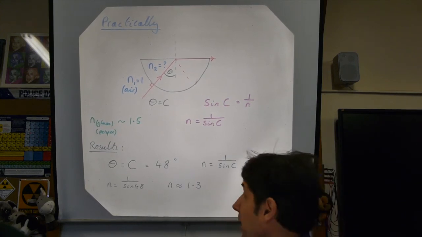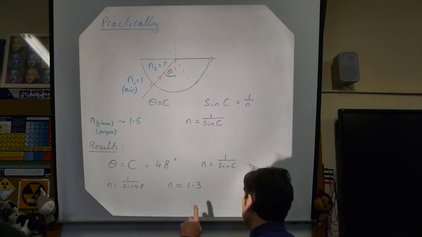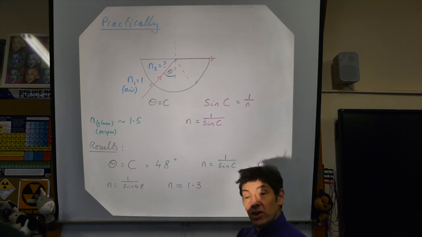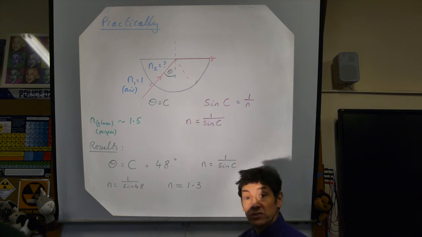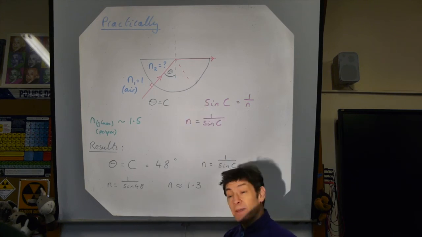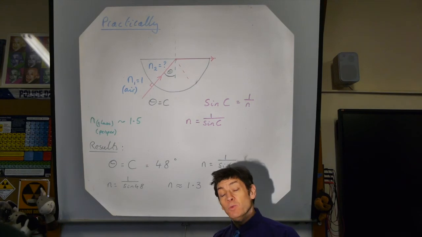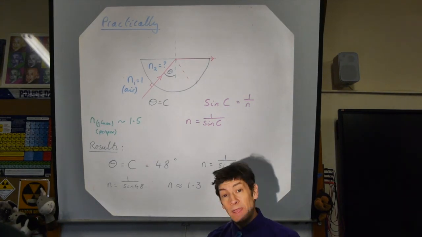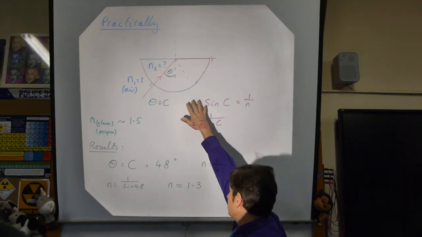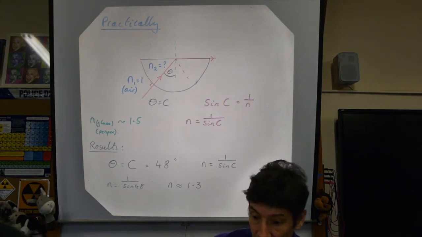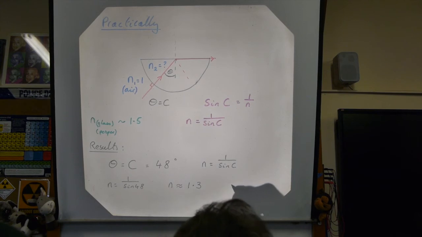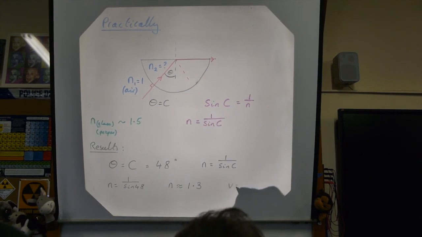1.3. Okay, so if you think about it, not only have we worked out the refractive index of the material by using the critical angle, and that's something we can measure in the lab, we could also work out the speed of the wave going through this material, because the speed of light needs to be divided by 1.3, so V will be equal to C divided by 1.3.